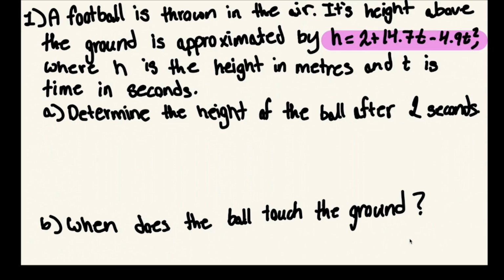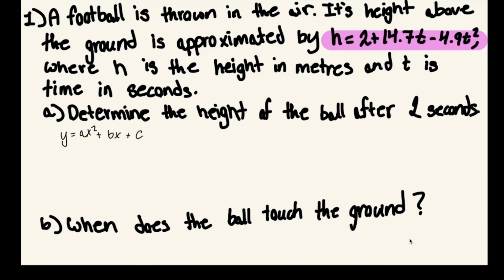So we know the ball has been thrown in the air, and it's given in the form h equals 2 plus 14.7t minus 4.9t squared. We can see that this formula has a power of 2, so we know it's definitely quadratic, but right now it's not in the form y equals ax squared plus bx plus c.